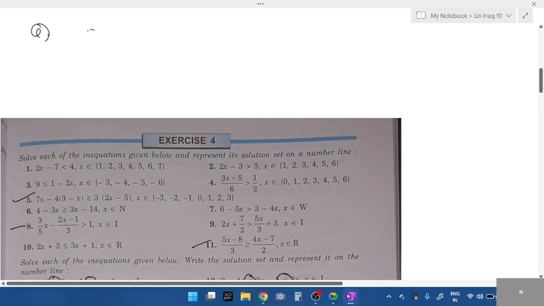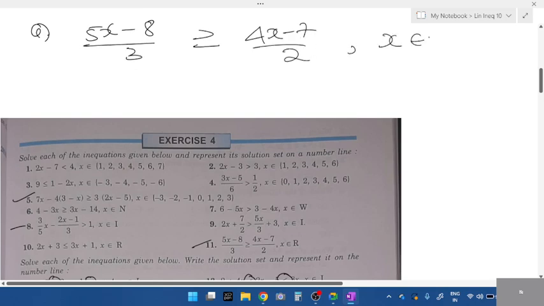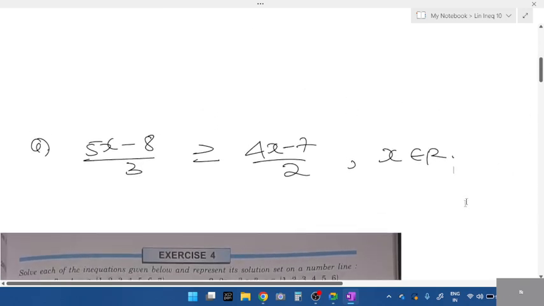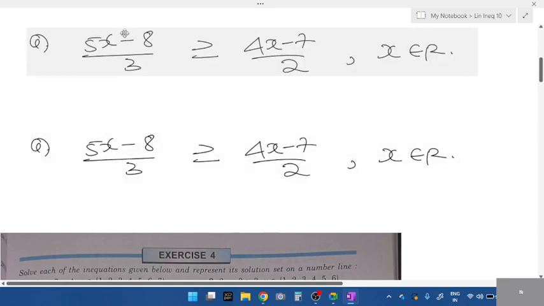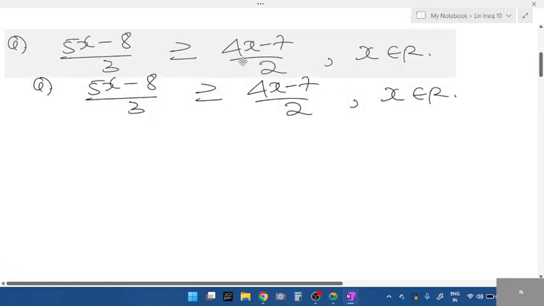Copy this question: 5x, I told you you can cross multiply, 3 greater than or equal to 4x minus 7. X belongs to real number. This is the question. Try this. I'll tell you how to plot the number line for real numbers and how to write the solution set.